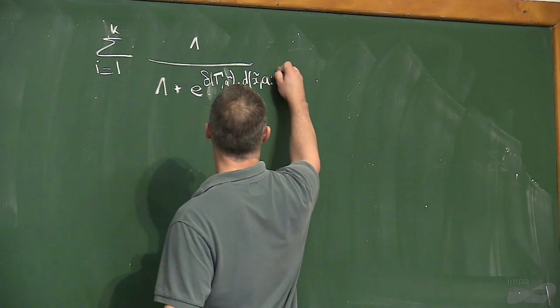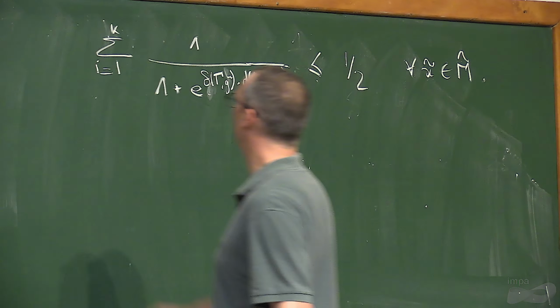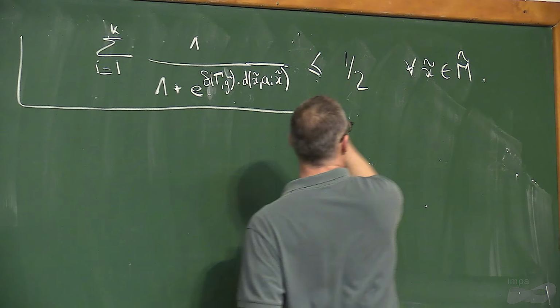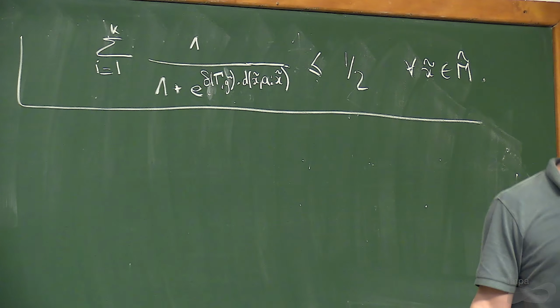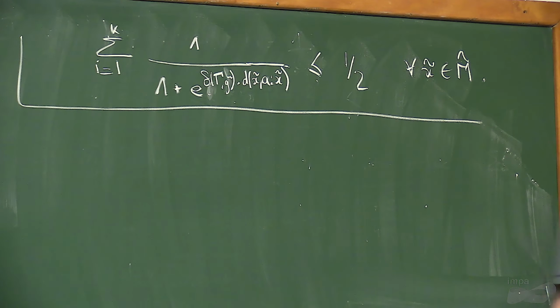So this sum will be less than or equal to 1 over half for any point in your manifold. Okay, so you have something which looks like a free curvature generalization of this result. Any dimension.